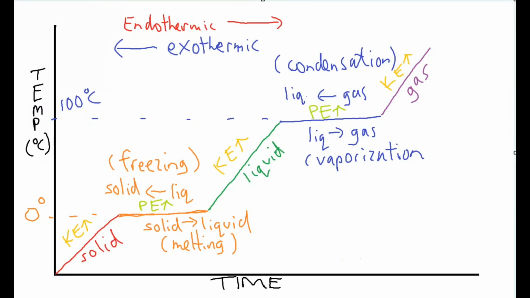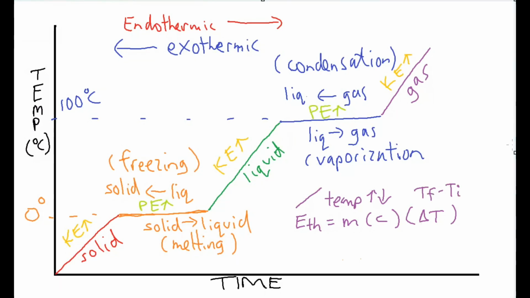So when you move through this graph, there's a bunch of things going on here. If you were to do some calculations, for any slanted region where the temperature is going up or down, if you had to calculate the exact amount of energy needed to make those temperature changes, you would use a formula: mass times C, which is the specific heat, times delta T, which is the change in temperature, which is final temperature minus initial.